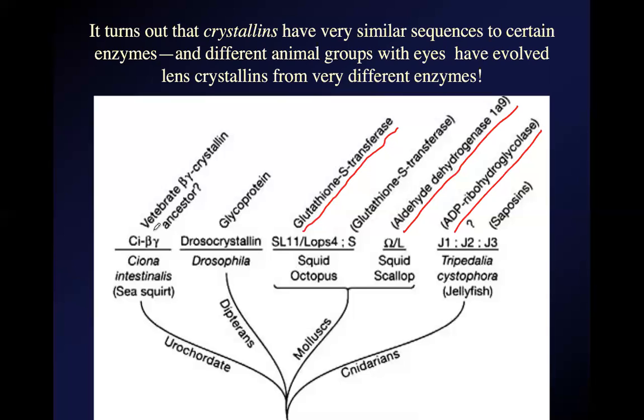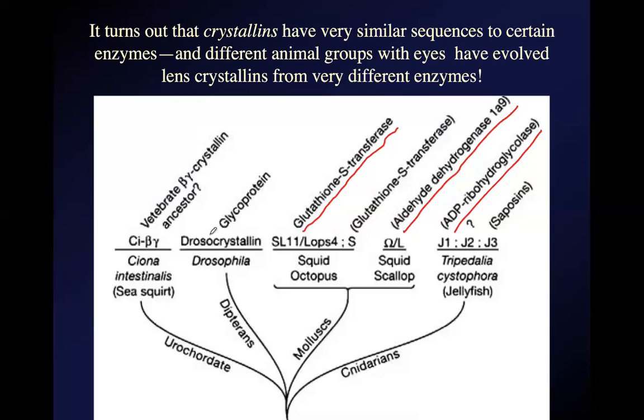So, as eyes were developing, an extra copy of this enzyme may have been available. Cells in the eye began expressing it, and its enzymatic function isn't important. It doesn't really matter what the protein does. What matters is that it has a shape that packs together in a way that's conducive to transmitting and refracting light.